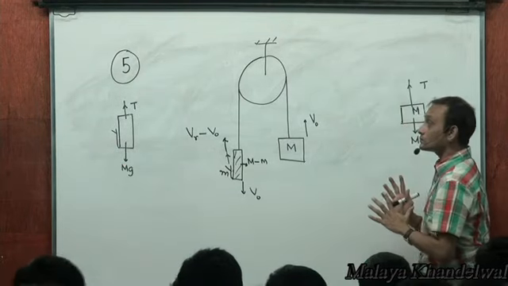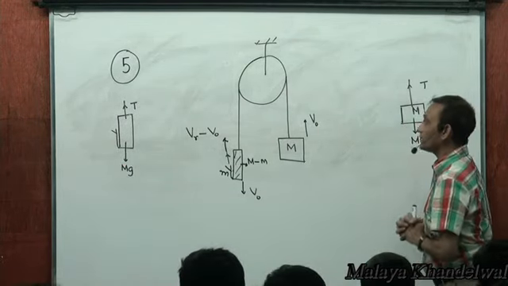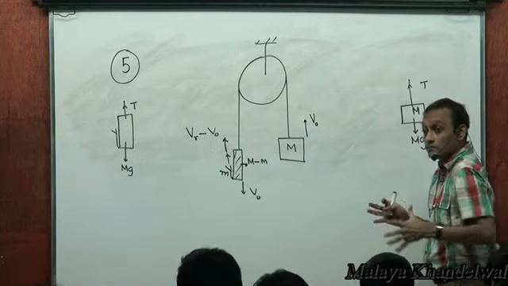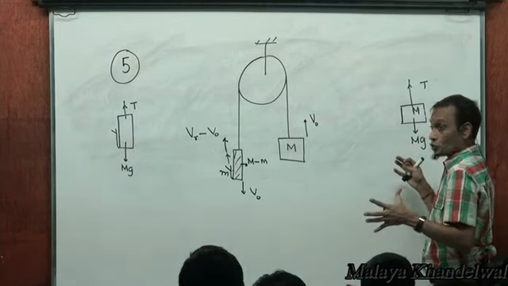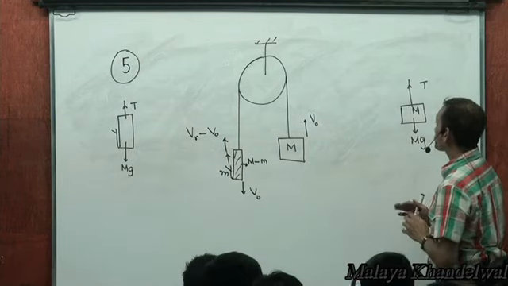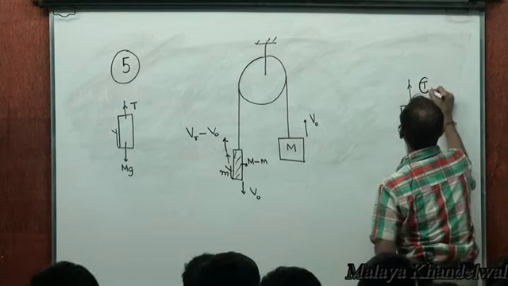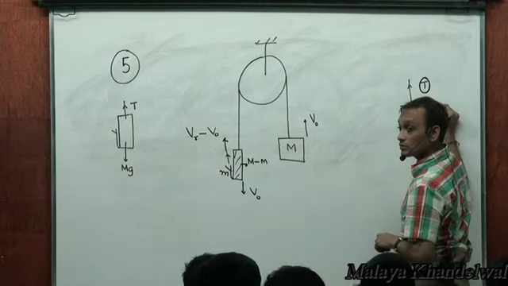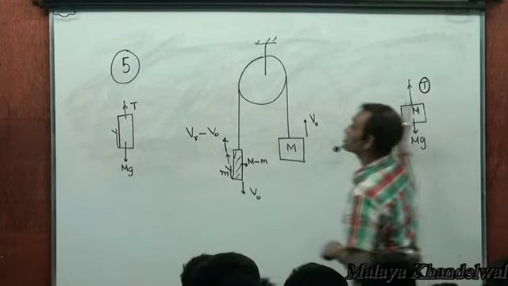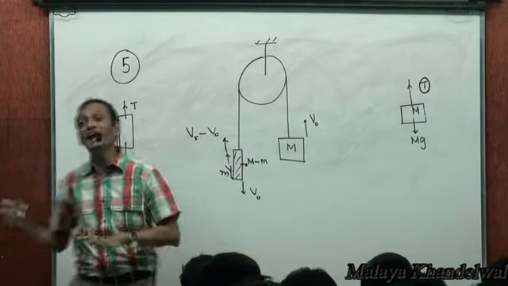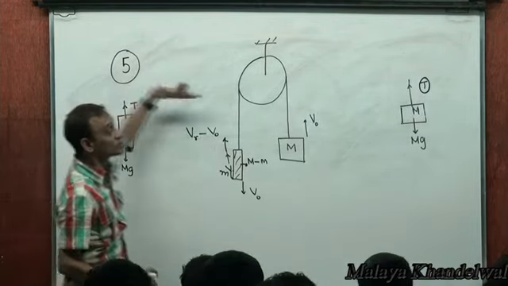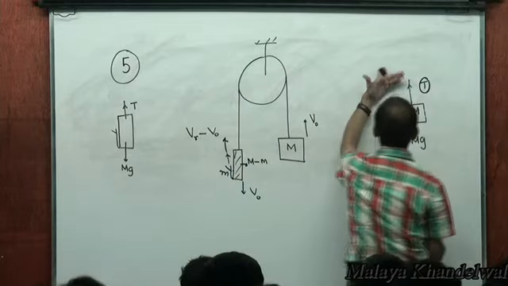Now, one thing, in a small time delta t, the impulse of tension acting on capital M must be the same as, or the net vertical impulse acting on this must be the same as the net vertical impulse acting on this.